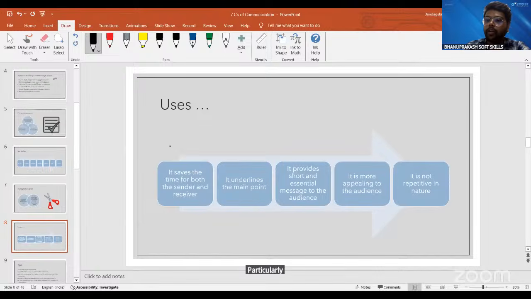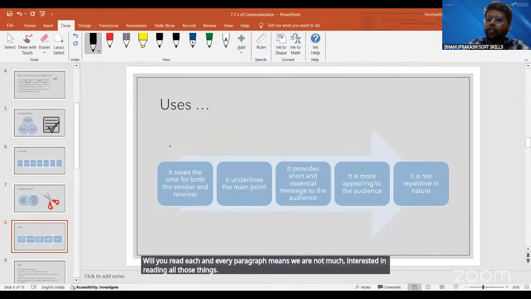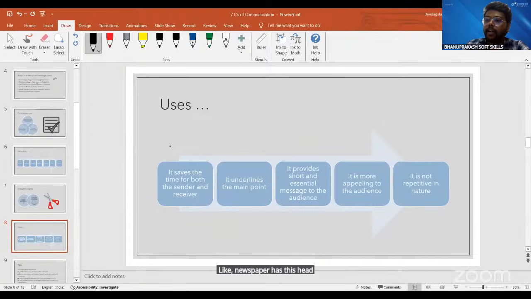Particularly if we talk about emails, we write a lot of emails. For example, you received one email which has 5 to 6 paragraphs. Will you read each and every paragraph? We are not much interested in reading all those things. The best example is a newspaper. A newspaper has headlines, and based on that there is content of 4 to 5 paragraphs. But we never show interest in reading all those paragraphs.